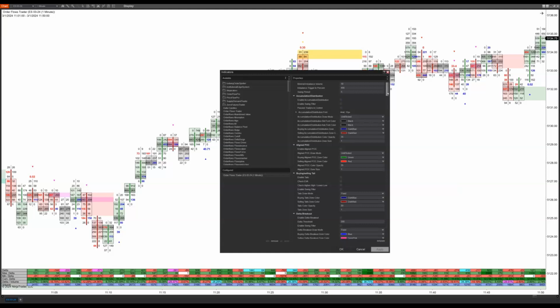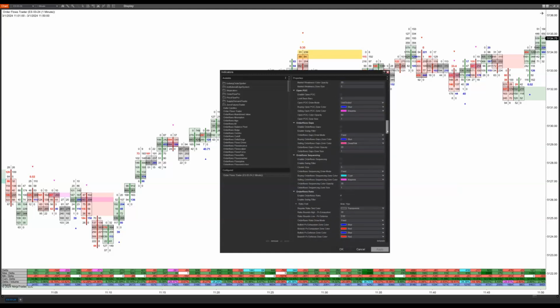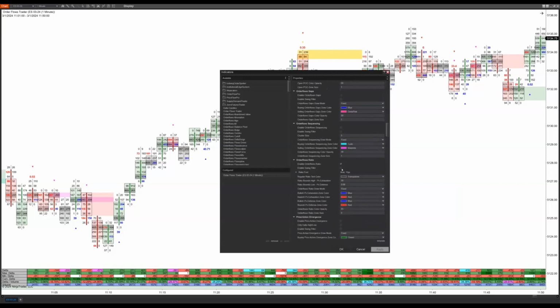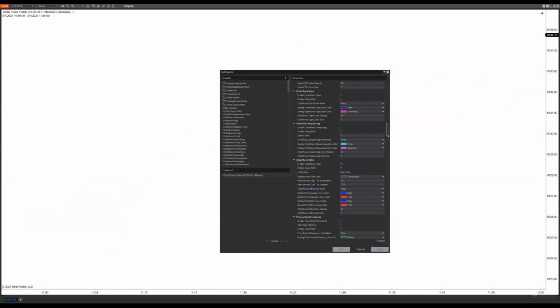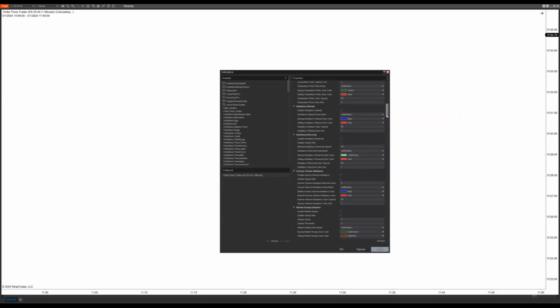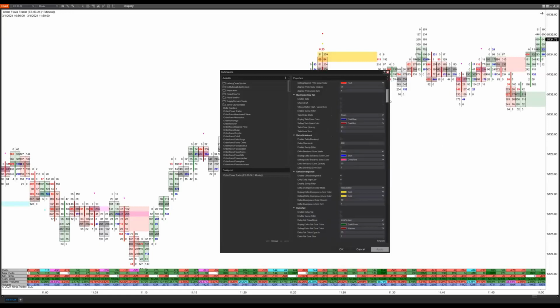So for example, let's go to the ratios really quick. If I were to enable this swing filter, hit apply, it's only going to highlight the ratios that appear at a swing high or a swing low over a 5 period.